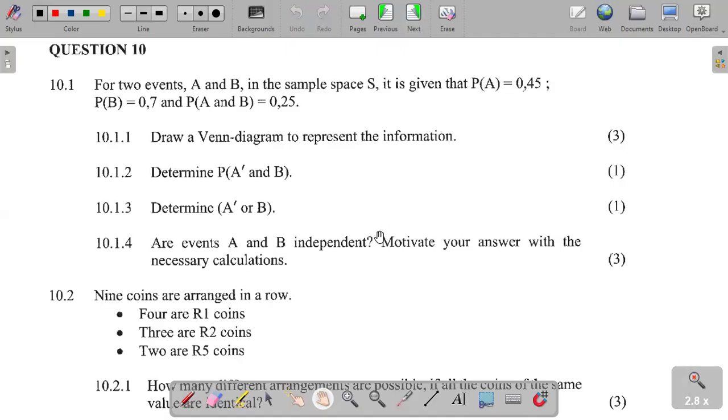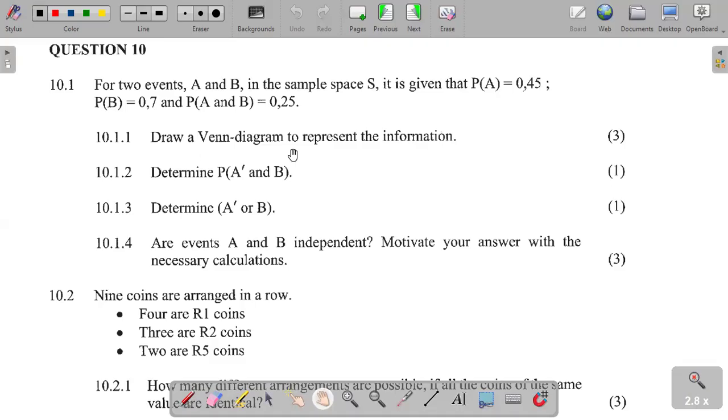So now this is probability. 10.1, they say for two events A and B in the sample space S, it is given that probability of A is 0.45, probability of B equals 0.7, and probability of A and B equals 0.25.